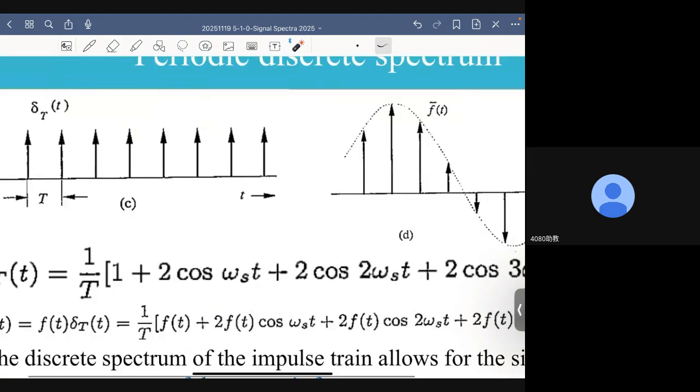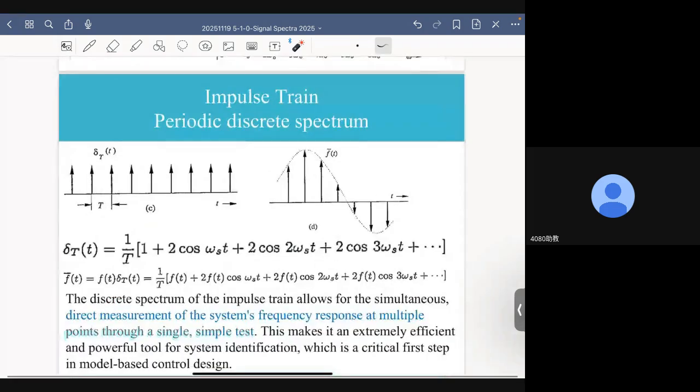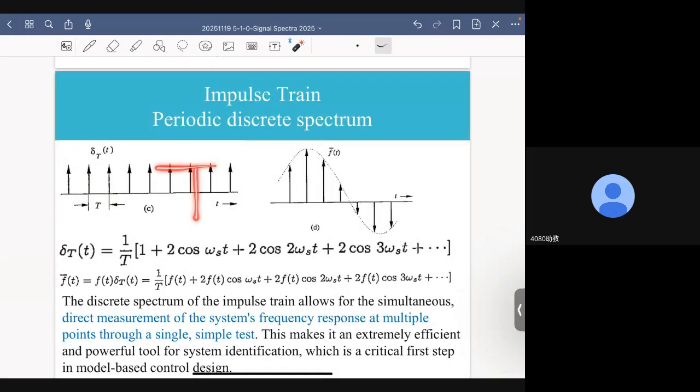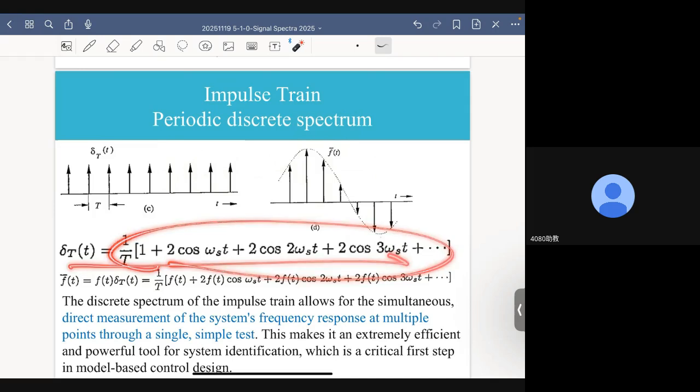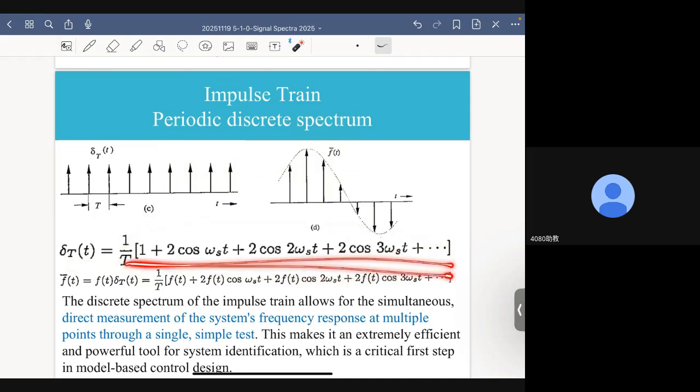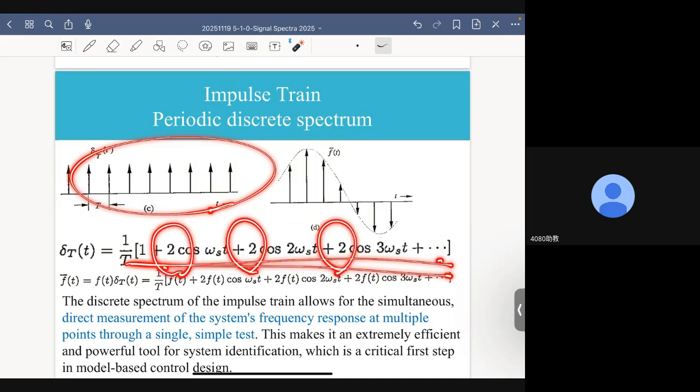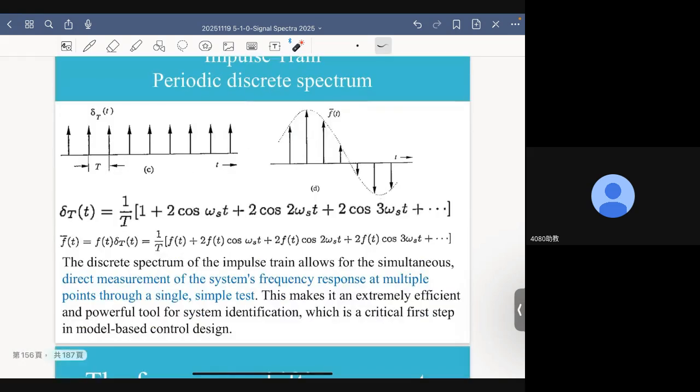Remember, for the impulse stream, the period is T, and omega s here is actually 2 pi over T, okay? This is actually the Fourier series representation of this, all right? Because as you can see from these Fourier coefficients, they are all the same, right?